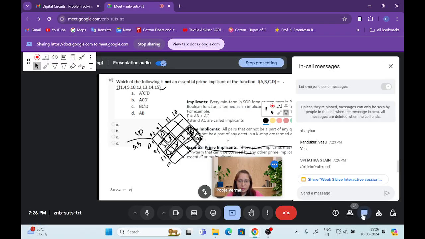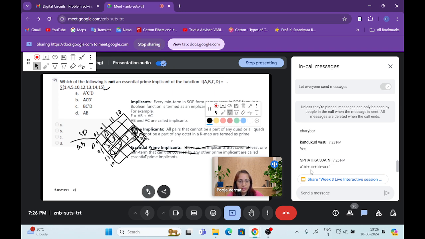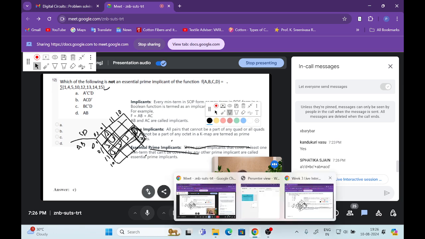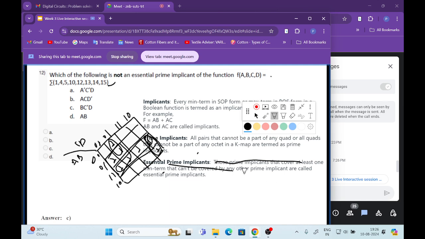So yeah, someone is answering. So A bar C bar D. Okay. A B C bar plus A B plus B C bar. Yeah. So just check which one is not an essential prime implicant. What will be the expression for this? A C D bar. And for this quad, there will be B only, and for this, A B will be there.